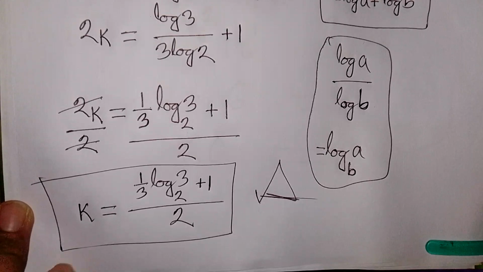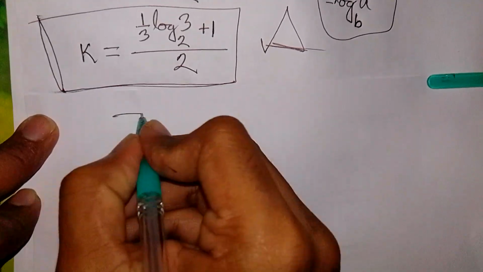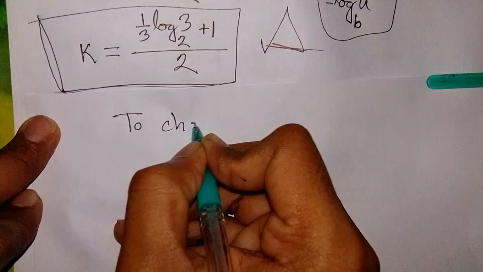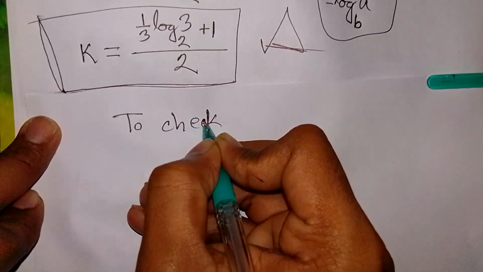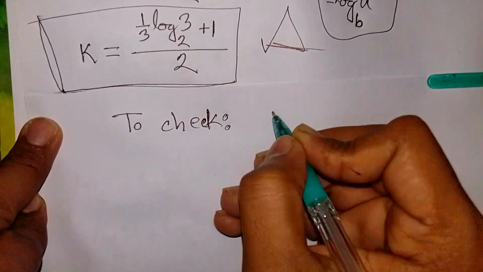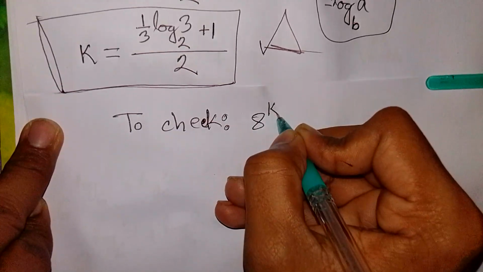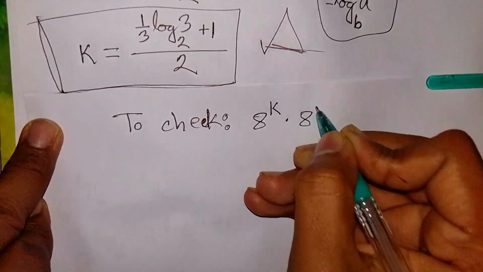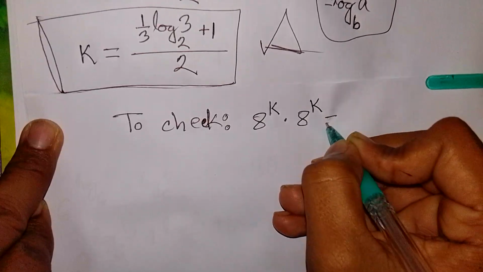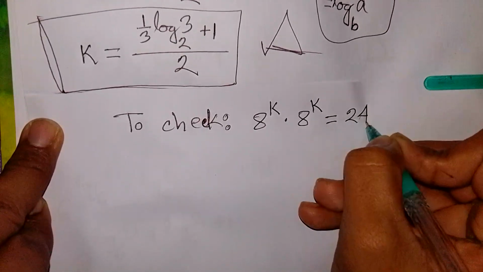Now let's check the equation. Now to check our equation, 8 power k times 8 power k is equal to 24.